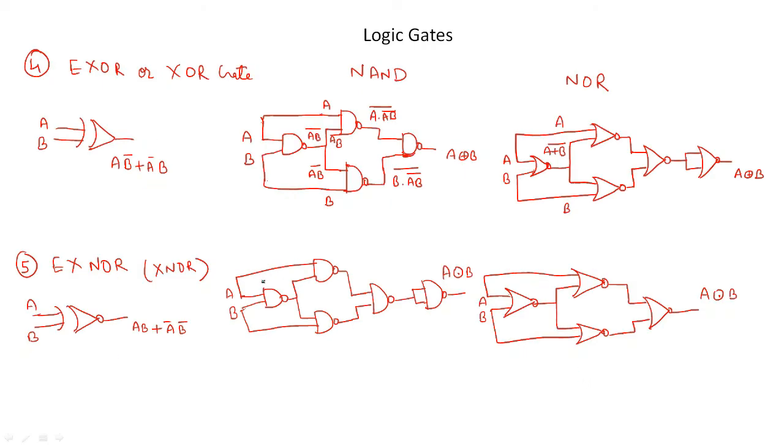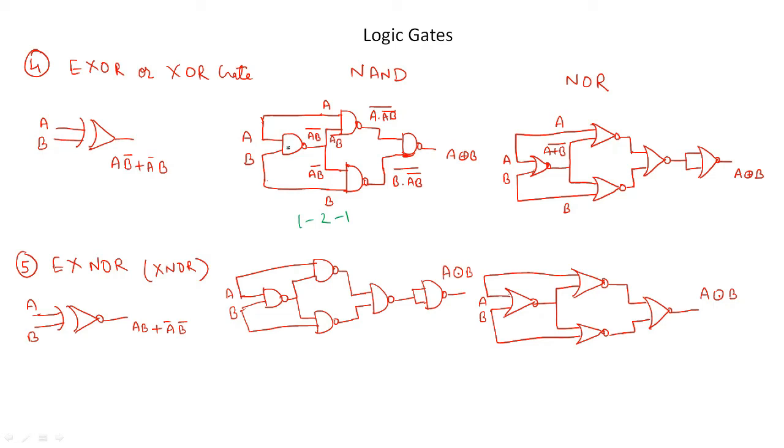Now in the fourth case we take the exclusive OR gate. You know that if there are two inputs A and B, then the output of the exclusive OR gate will be AB bar plus A bar B. Now here we use the NAND gate and it is a 1-2-1 system.